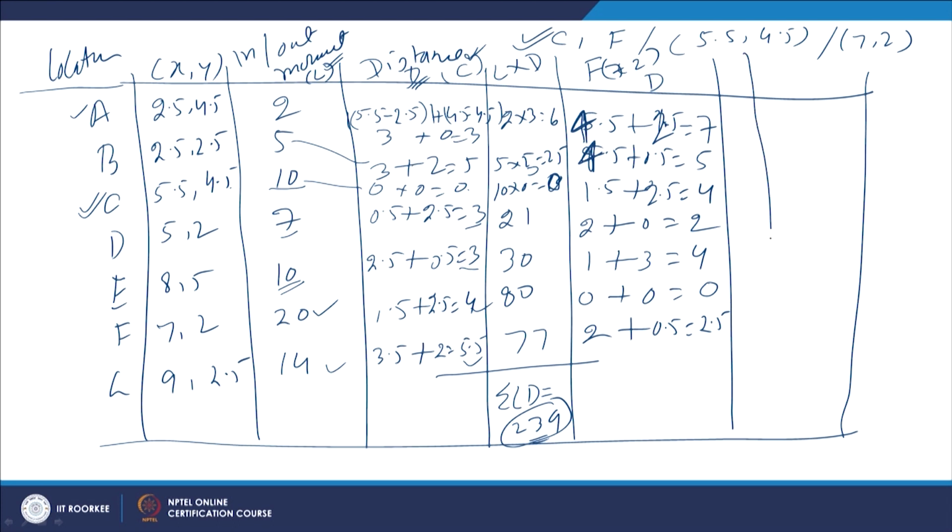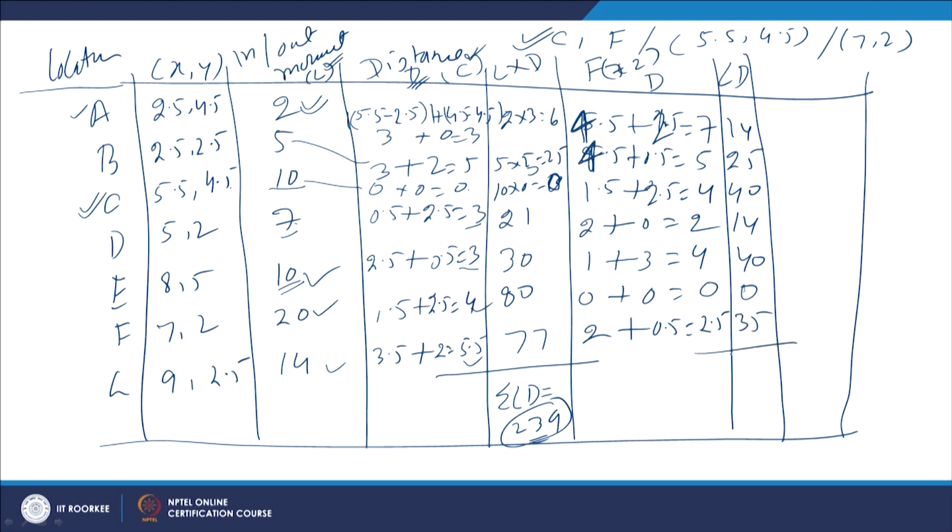Now, what we have to do is determine the load into distance for each of these locations. So, load is for A location, load is 2. So, 2 into 7, that is 14, 5 into 5, that is 25, 10 into 4, so 40, 7 into 2, 14 for location D, means the L into D. For location E now it will be 10 into 4, that is 40 again, 20 into 0, so 0, and 14 into 2.5, so it is 35.